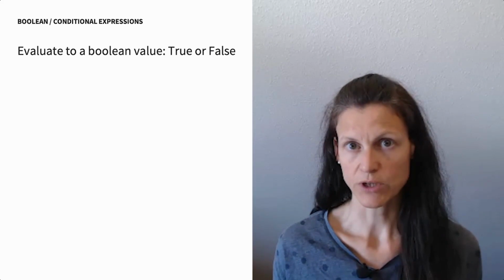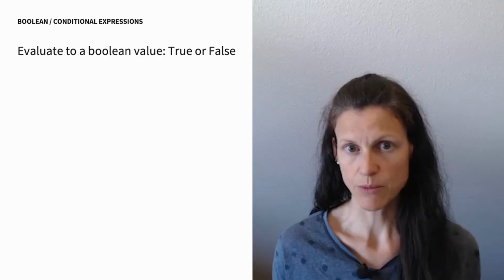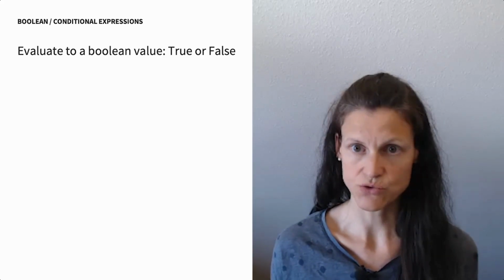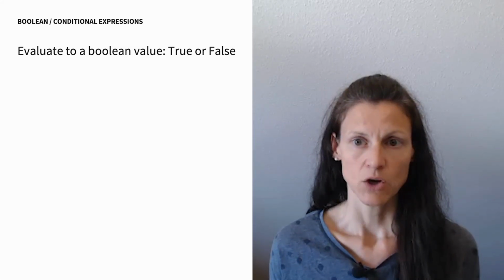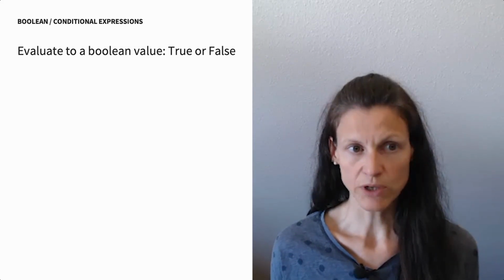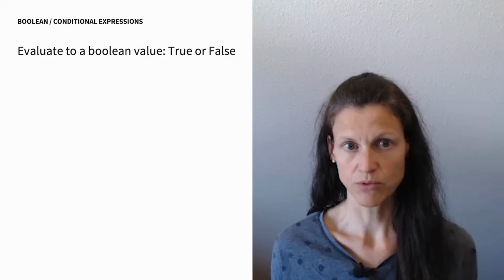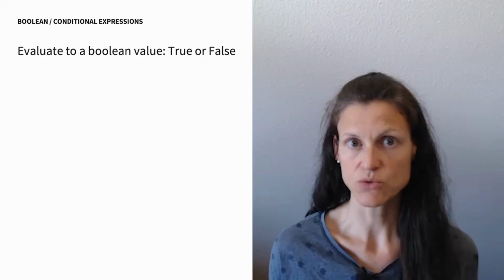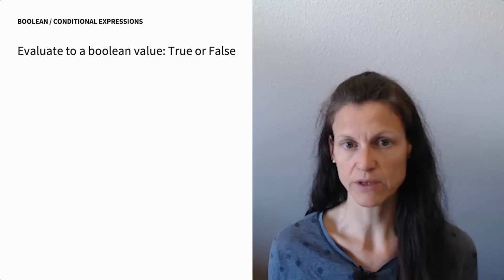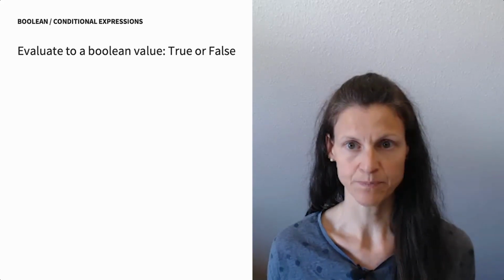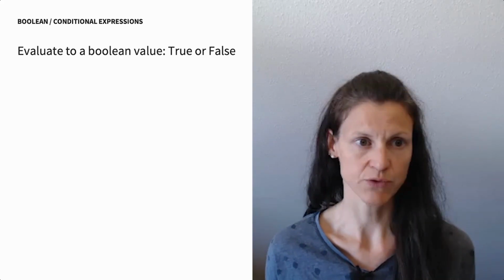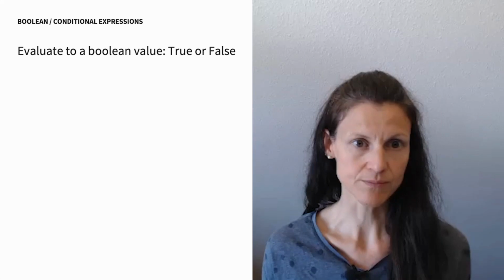Compared to what we learned in Unit 1, bool is a new data type which can only take on these two values, true or false. Operators which lead to a Boolean value are called comparison operators, and expressions that use such operators are called Boolean or conditional expressions. And these are the basic ingredients for formulating conditions.